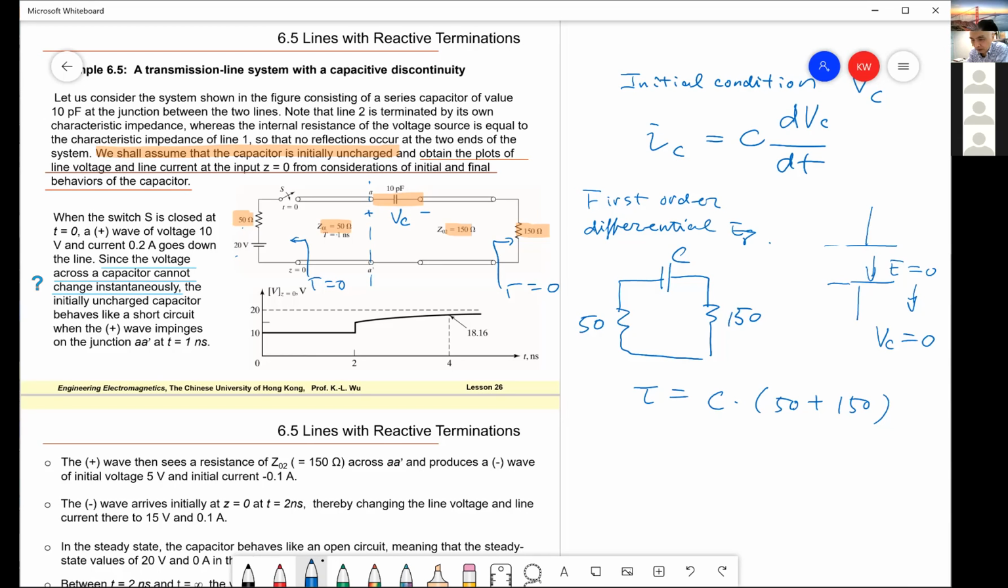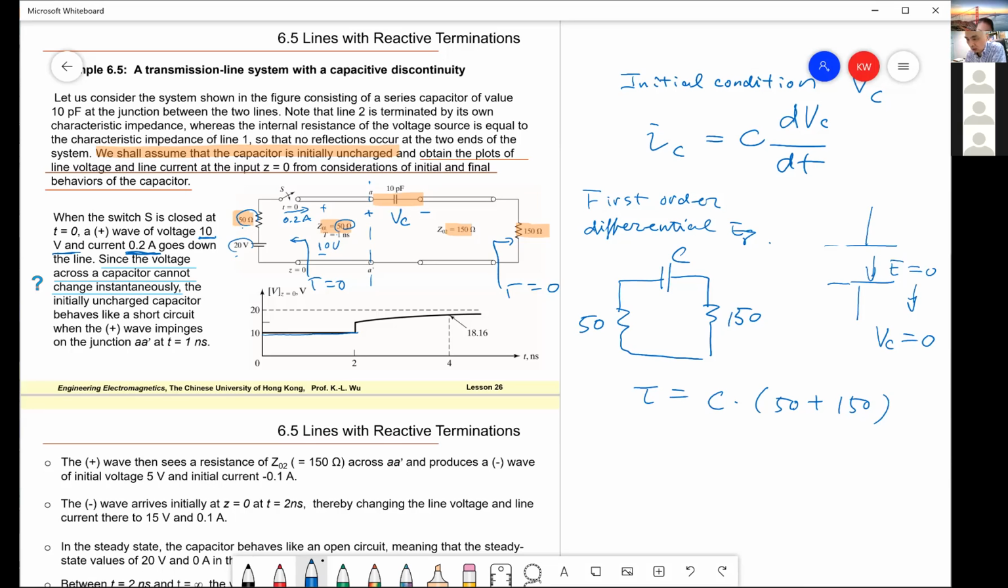At the beginning we have 10 volt, and the total resistance is 50 ohm plus 50 ohm, which is 100 ohm, so dividing 20 volts gives 0.2 amps of current going in, and the voltage applied is 10 volt. This is our initial voltage applied all the way along.